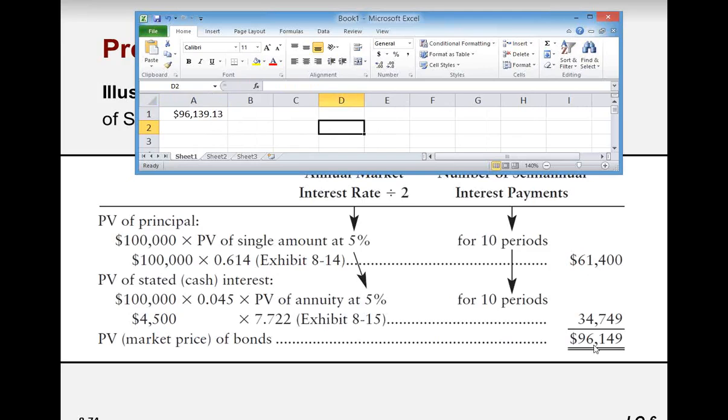You would pay $96,149 for this $100,000 bond as your investment. You would receive every 6 months $4,500. And then at the end of the 5-year period, you would be paid $100,000. That difference between the $96,149 and the $100,000 makes up the difference in the 1% of interest that you were not getting as cash interest. Any questions?